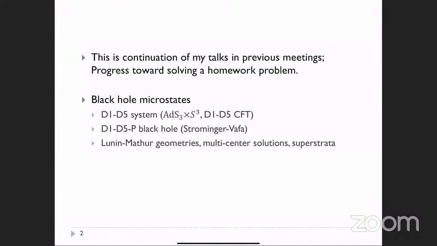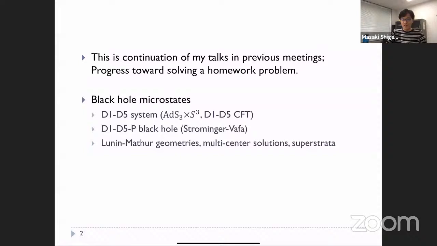Okay, so in some sense, this talk is a continuation of my talks in the previous meetings, and this is kind of small progress towards solving a homework problem that I assigned myself. Of course, I don't mean that you have to have attended the previous meetings to understand what I'm going to talk about.